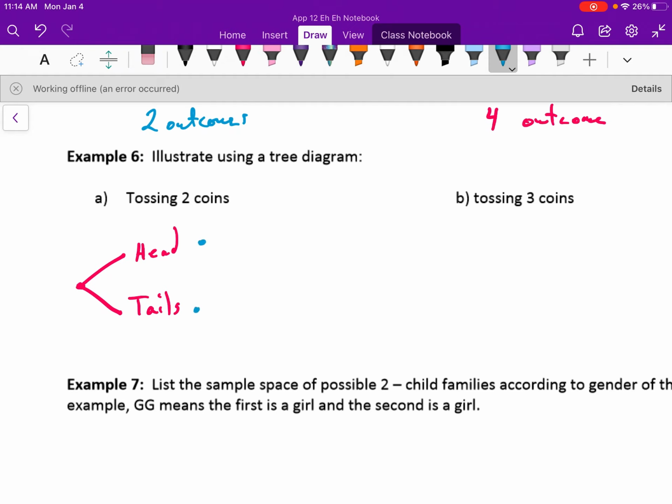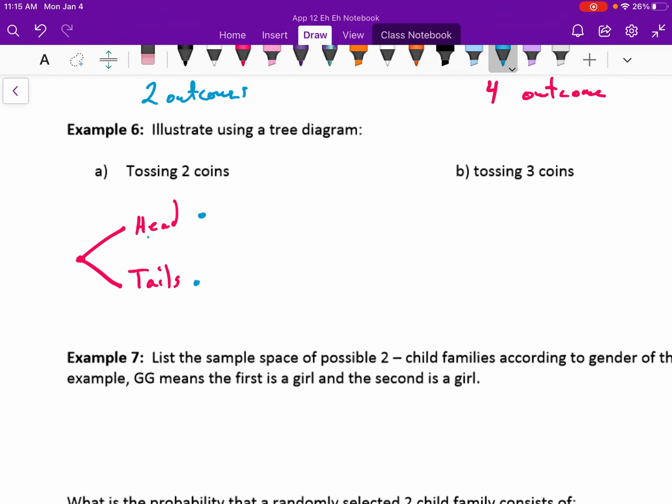Now these dots signify flipping the second coin, my second action. So here I tossed a head on my first coin. What could happen? I could toss another head or I could toss a tail. Now if I flipped a tail on my first coin, on my second coin, it doesn't stop me, I can toss a heads or I could toss a tails. So that's what this tree looks like.